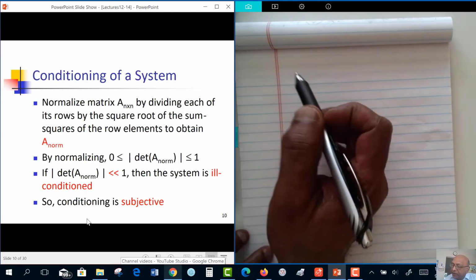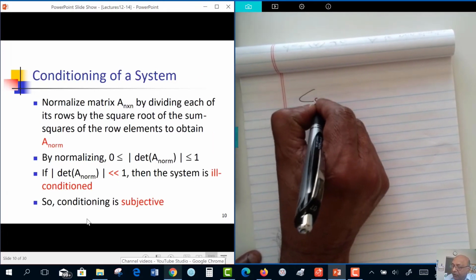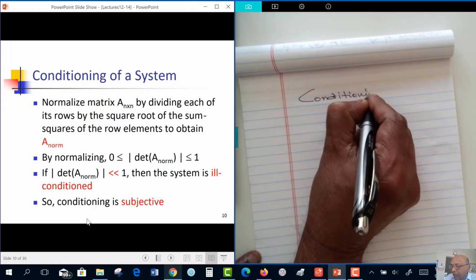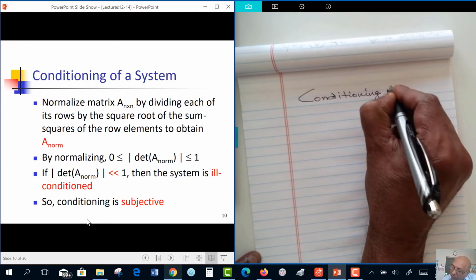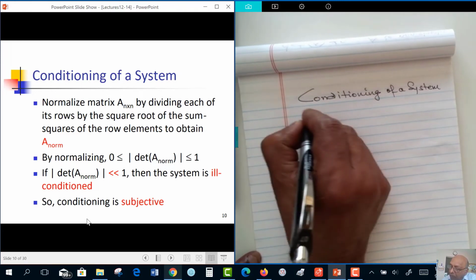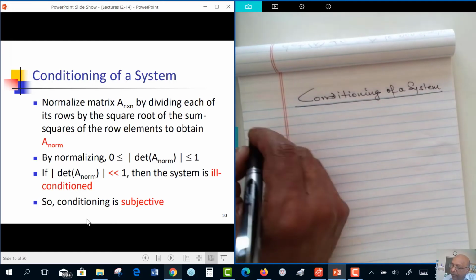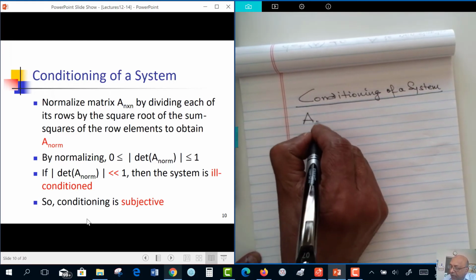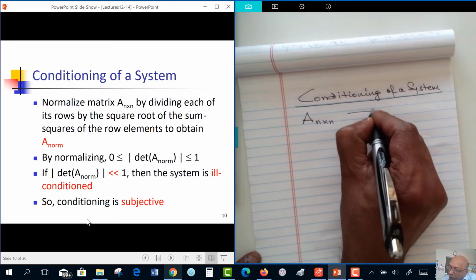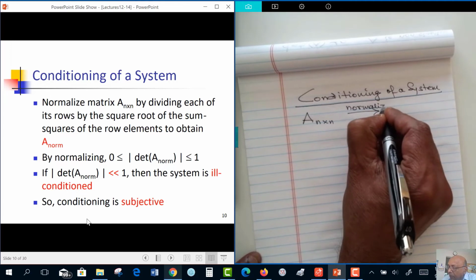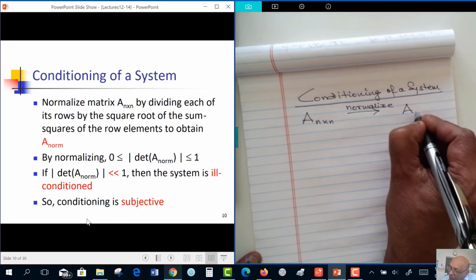So in order to find the conditioning of a system, what we do is we normalize. So if we have matrix A, we normalize it. So we get A normalized.